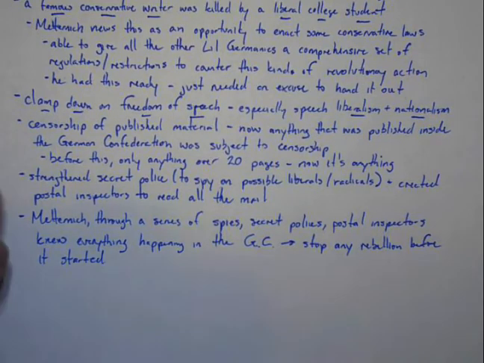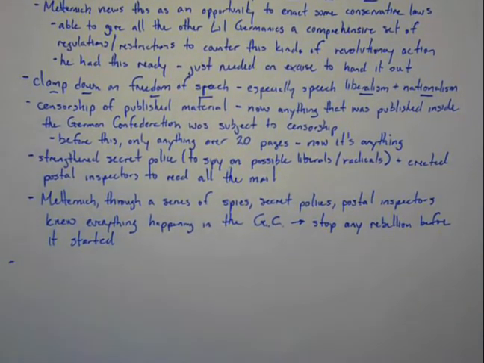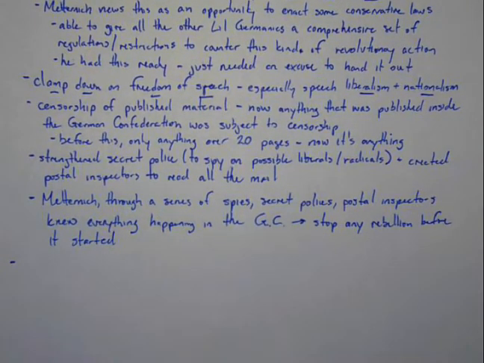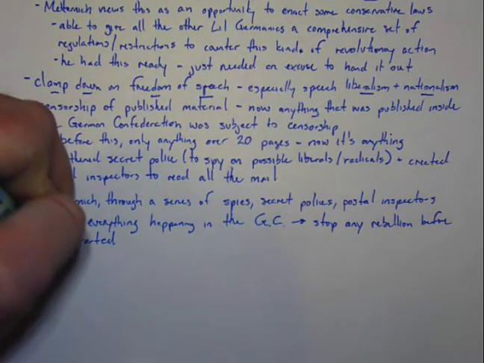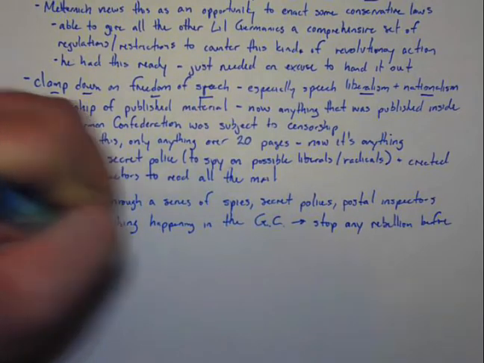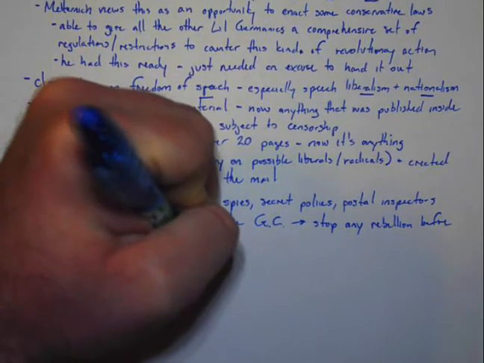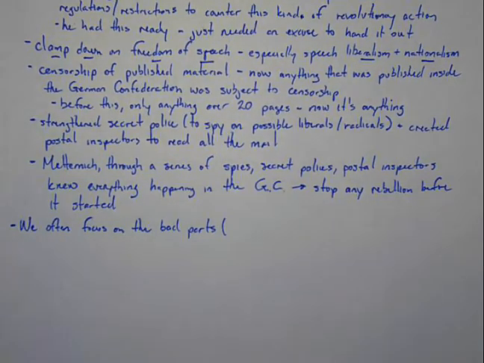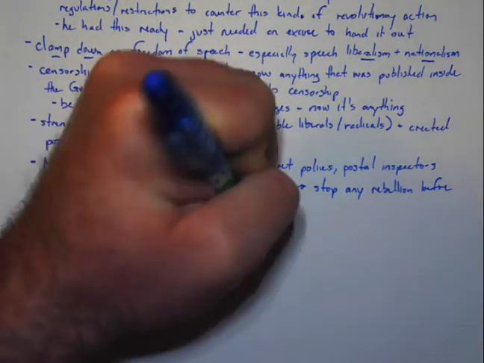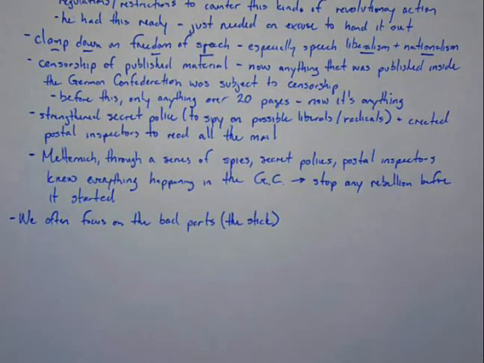Now, this is an important point that often gets forgotten when we talk about conservatism. We often focus on the bad parts. Like if we're thinking about this in terms of the carrot and the stick, like punishments versus rewards, so the stick part of the equation. So this is the part we usually focus on.